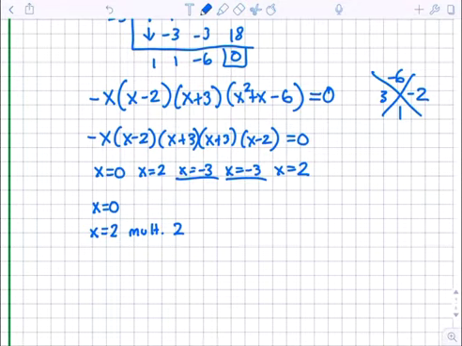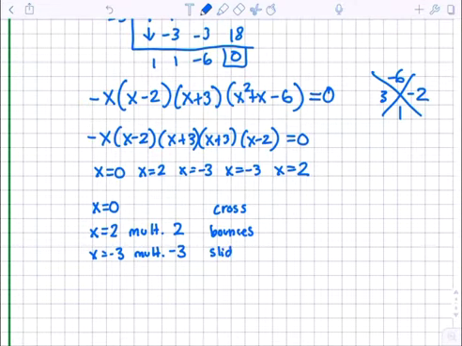And look here, we got 2 negative 3s. So x equals negative 3, multiplicity of 3. So we found our zeros. And now remember, if it's multiplicity of 1, it crosses. If it's multiplicity of 2, it bounces. And if it's multiplicity of 3, it slides.